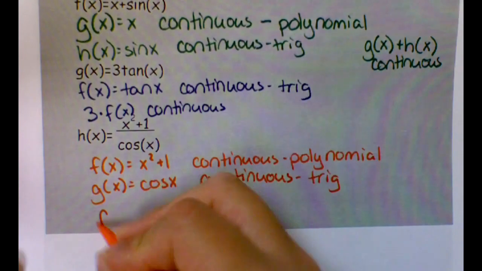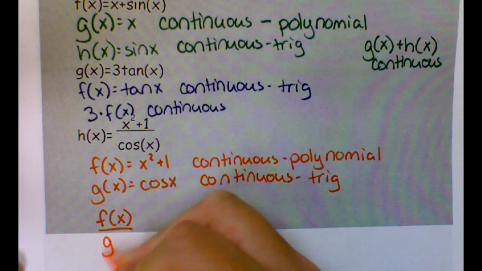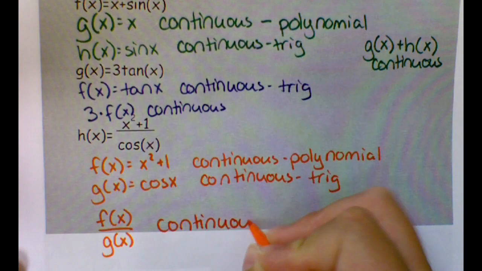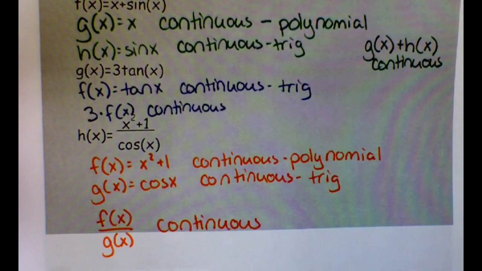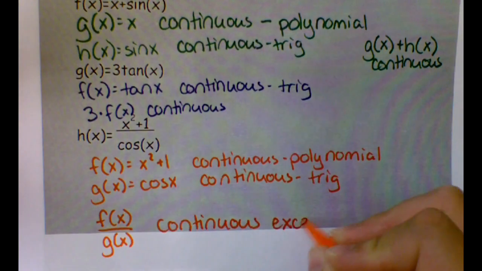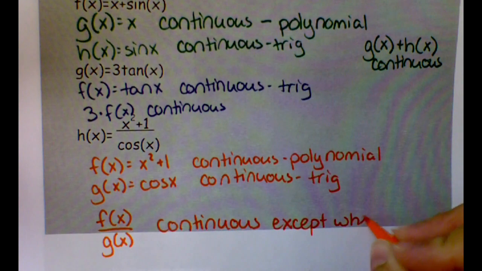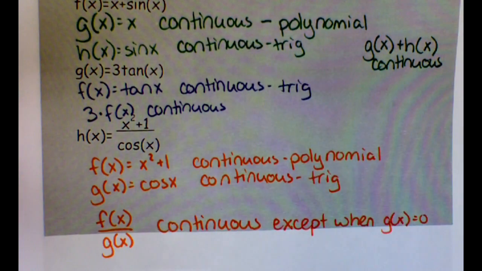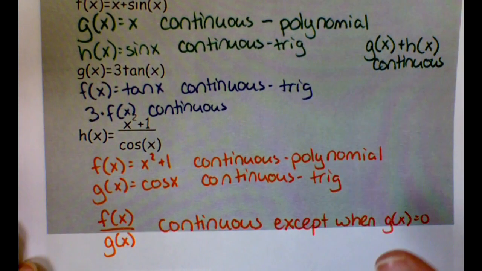And now I have f of x over g of x is continuous because when you divide two continuous functions, it is continuous except when g of x equals 0, because g of x cannot equal 0 because that would make the denominator 0 and then the world explodes.